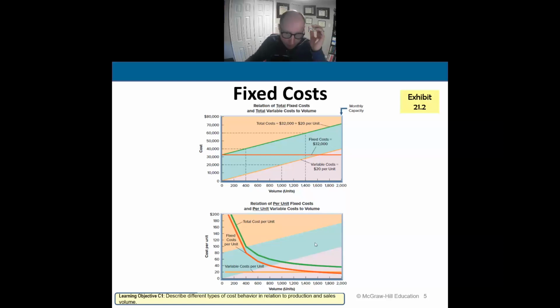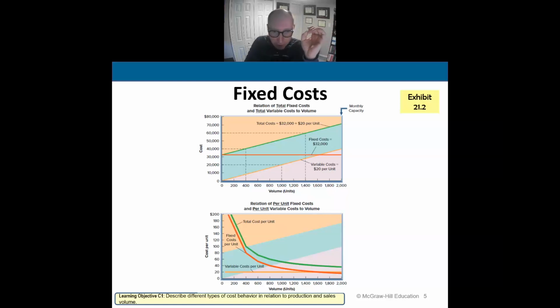Because remember, the cost of manufacturing one unit involves variable cost, direct materials, direct labor, and fixed cost, direct labor, factory overhead. Remember, we call it conversion cost. Equal total cost per unit.